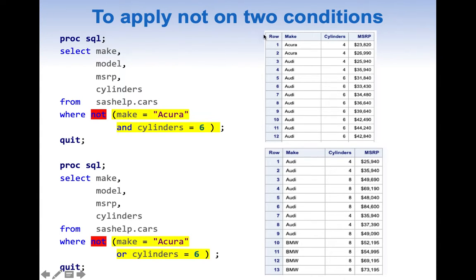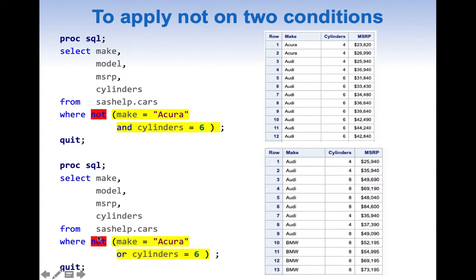To negate two conditions, for example, if we don't want to see make equal to Acura and cylinder equal to 6, we need to put that in parenthesis so that this part executes first and then we apply NOT. Otherwise, NOT will execute first and we will not get accurate results.